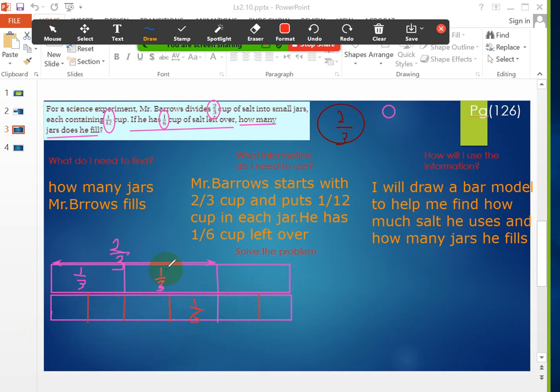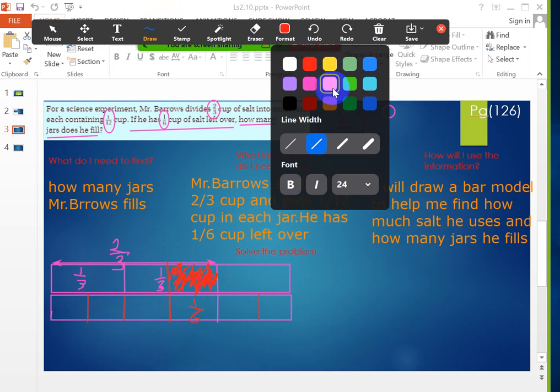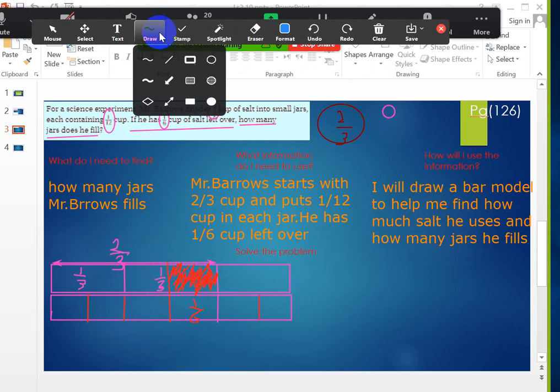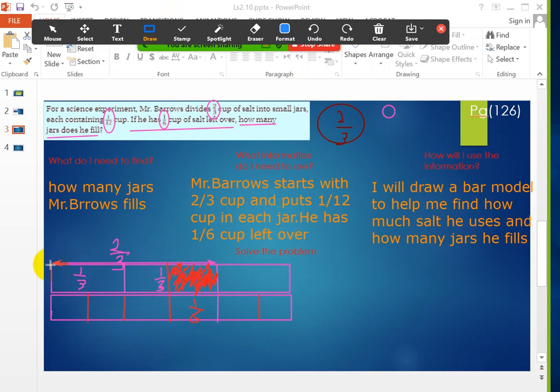So you have to erase this side. Okay? So what is the amount that I have to take and divide? Only this. Okay girls? I will take only this.